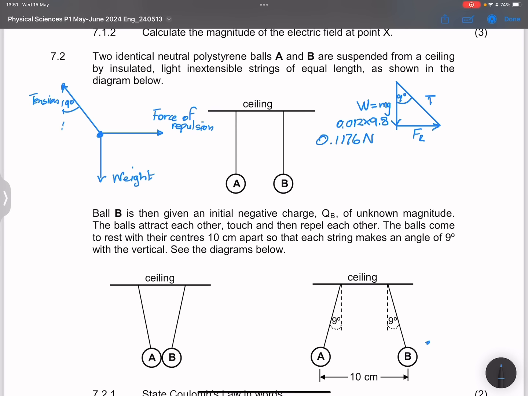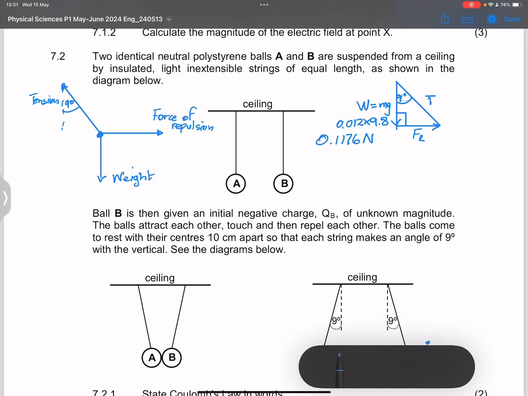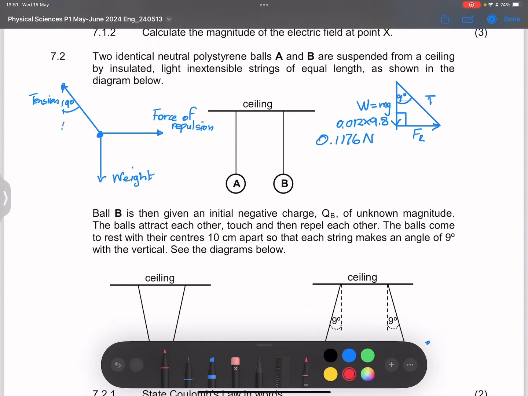Now, I can find out now using trigonometry. Now note, ladies and gents, this is a 90-degree triangle, right? So this side over here, now please stay with me, ladies and gents. This side is my adjacent side, and the side that I want, the force of repulsion, is my opposite side. It is directly opposite to my angle, right?